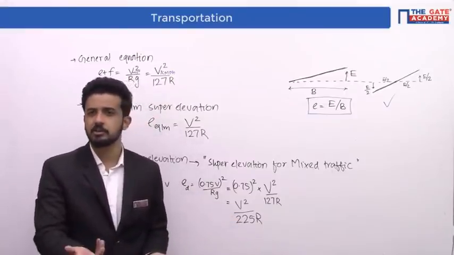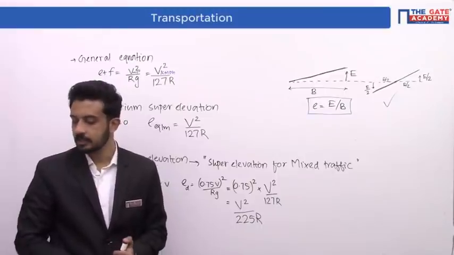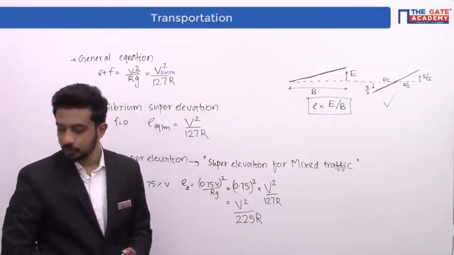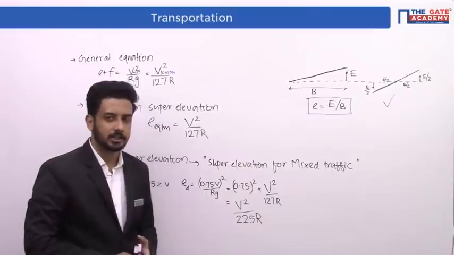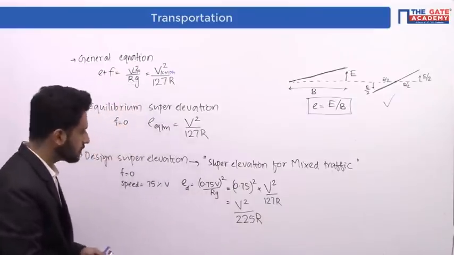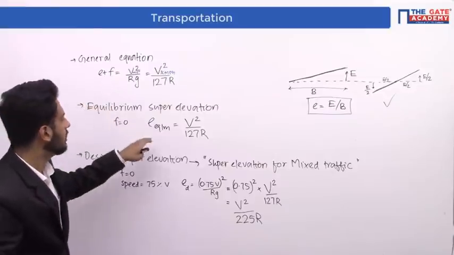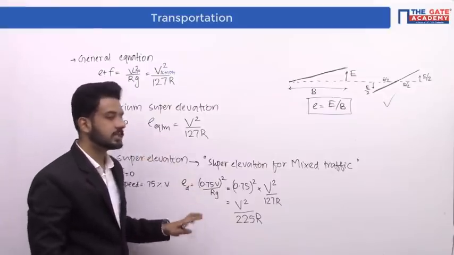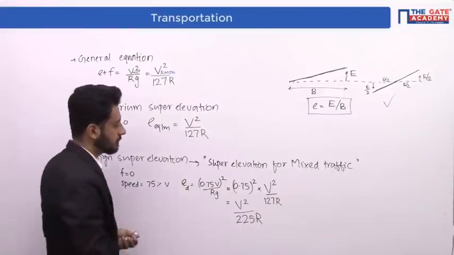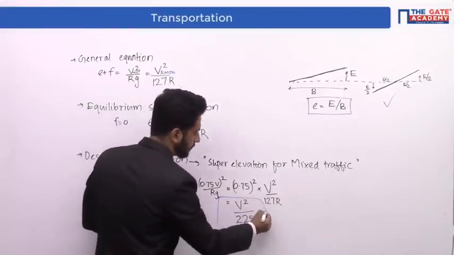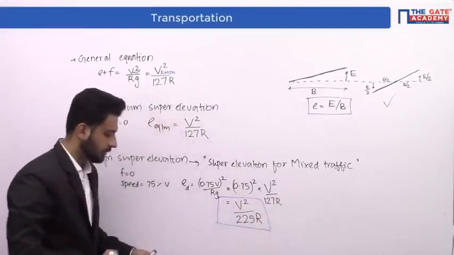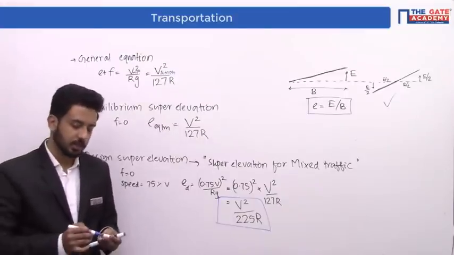Yes, they have mentioned mixed traffic condition. So which equation do I have to use, general or equilibrium or design? We have to use this equation in order to find the value of superelevation.